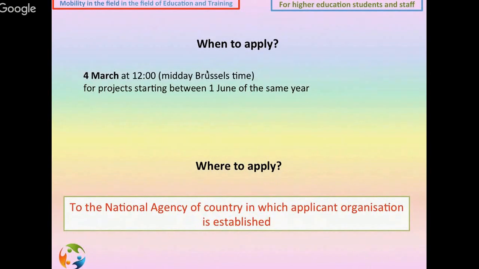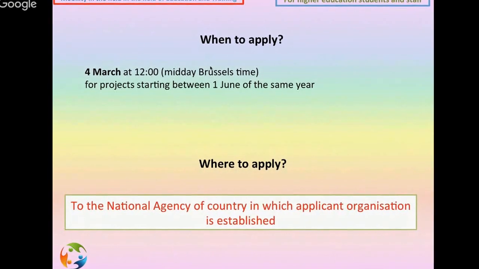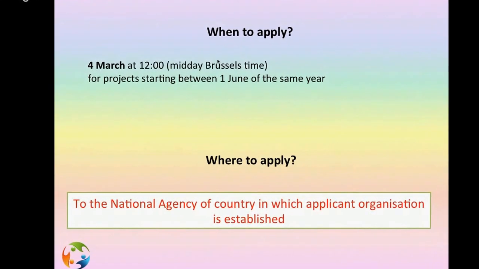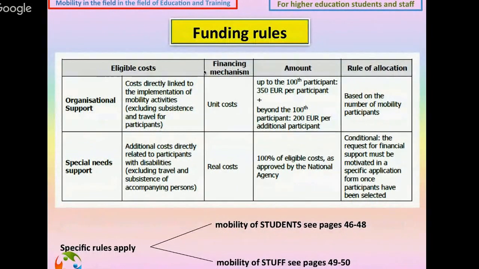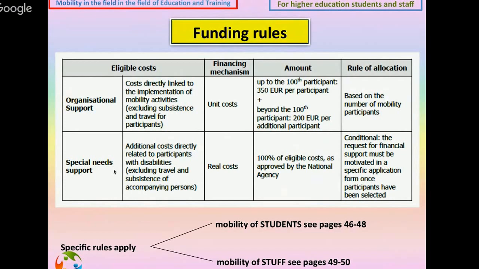When it's possible to apply, there is only one deadline, on the 4th of March, directly to the national agency in which the applicant organization is established. Concerning the funding rules, as you see here, we have some unit costs about organizational support and some real costs about special needs support.